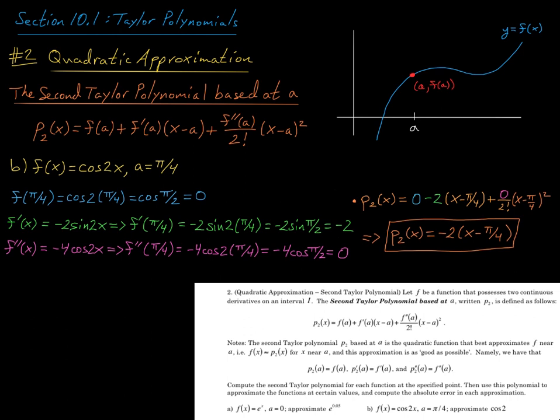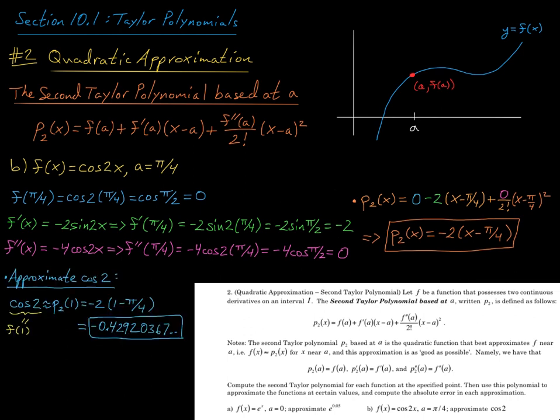Now let's approximate the value of cosine of 2. Note that if I want the cosine of 2, I want to plug in 1 for x, so we're really looking to approximate f of 1. That's going to be approximately p2 of 1. If I plug in 1 for x into what I just found for p2 of x, I get negative 2 times the quantity 1 minus pi over 4, which is about negative 0.42920, and so on.